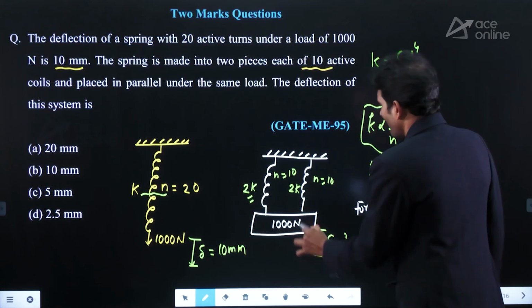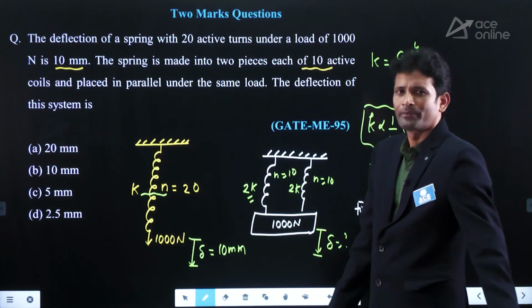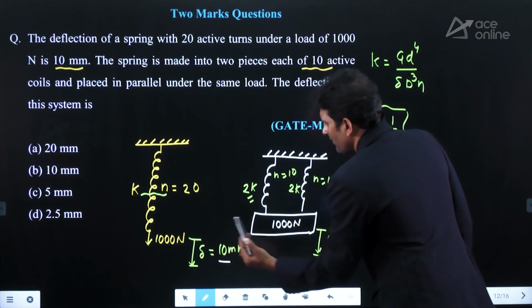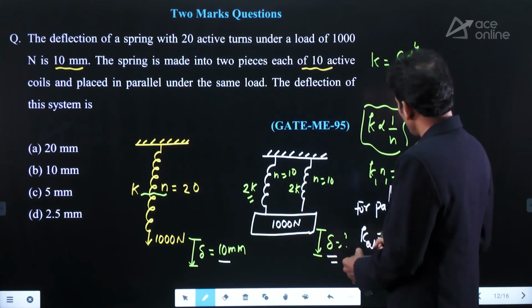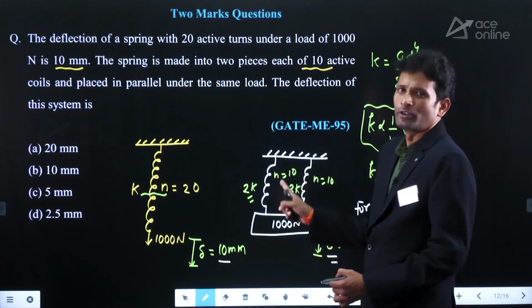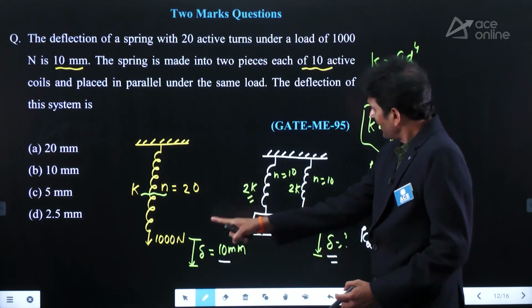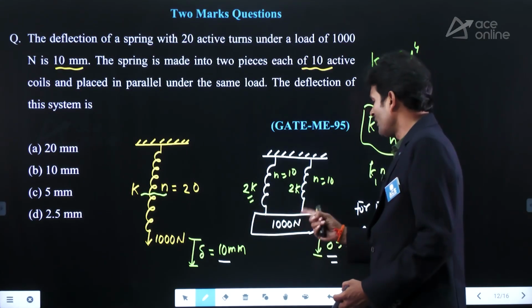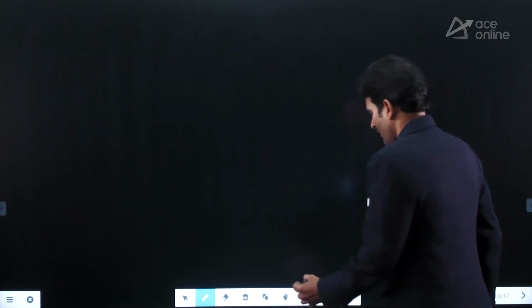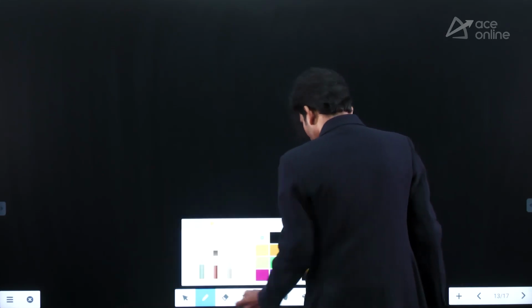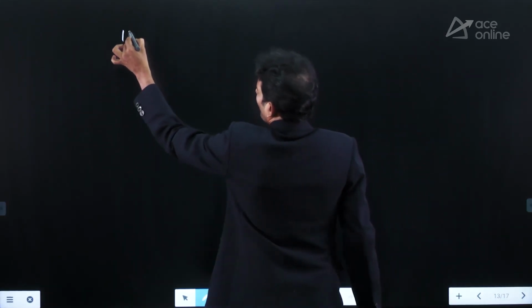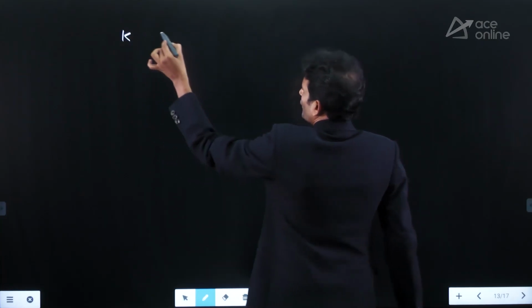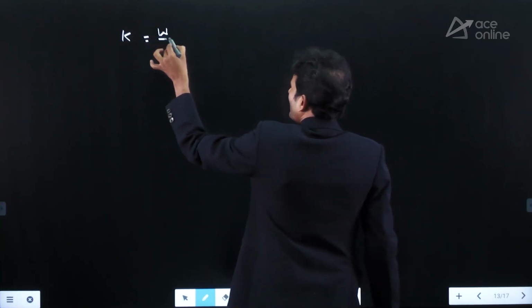Then for this arrangement, same load we are applying. Here we are observing 10 millimeter, but here we require this one. So what is the relation between stiffness and deflection? Here stiffness is going to be increased, but same load we are having. As we know clearly, K should be equal to load by deflection.